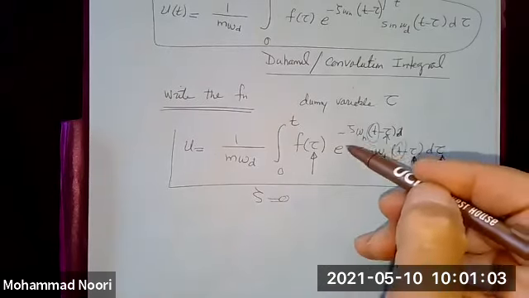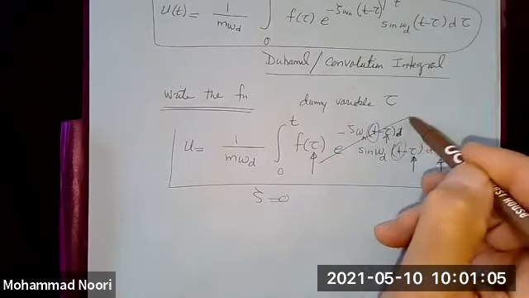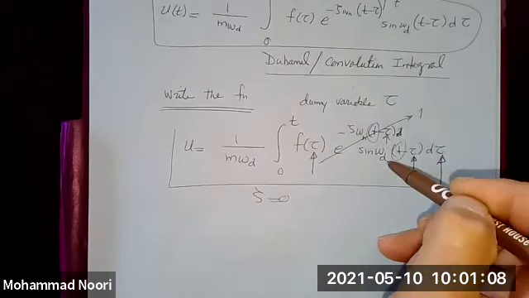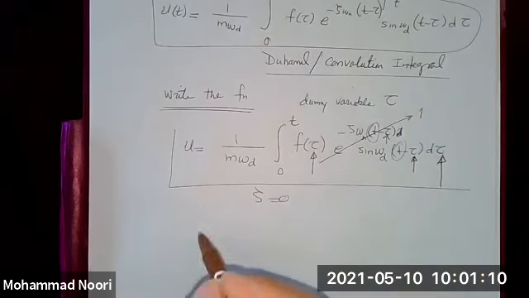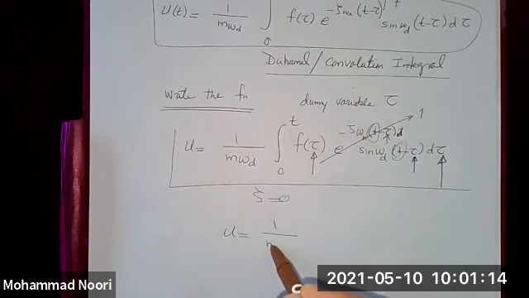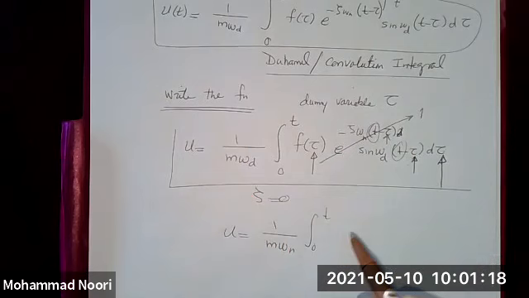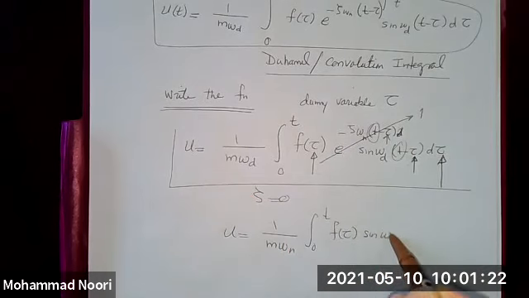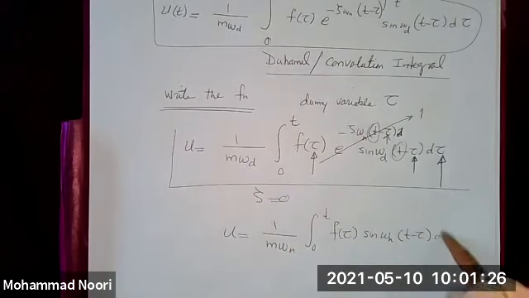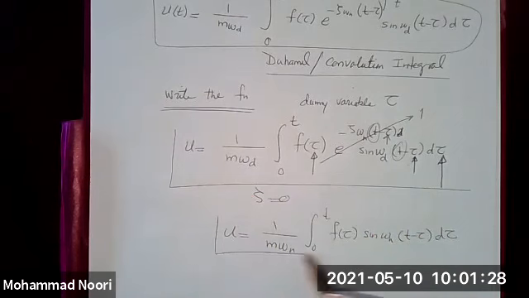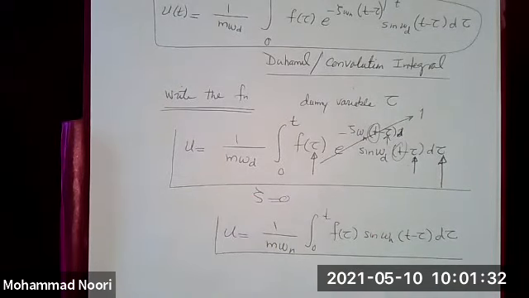When damping is 0, the exponential would be 1, and omega d becomes omega n. So for this case, u would be 1 over m omega n times the integral from 0 to t of f of tau sine omega n (t minus tau) d tau, which is a much easier integration to perform.